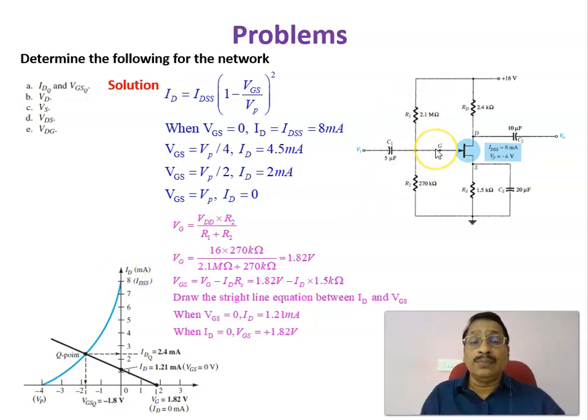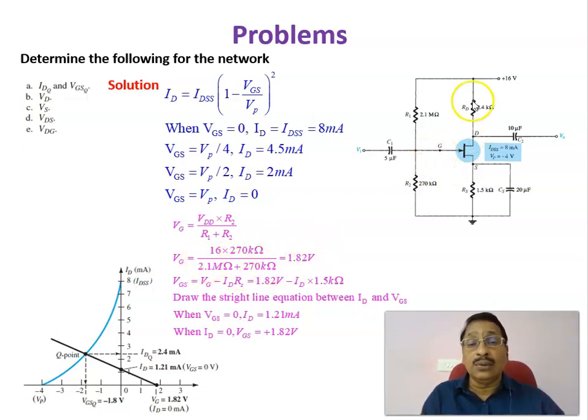Okay. Next one is that this is not fixed bias, it is voltage divider bias. So in voltage divider bias, two resistances R1 and R2 are connected in parallel to VDD, and the voltage equal to VDD divided by R1 plus R2 into R2 is applied to the gate. That voltage is called VG.